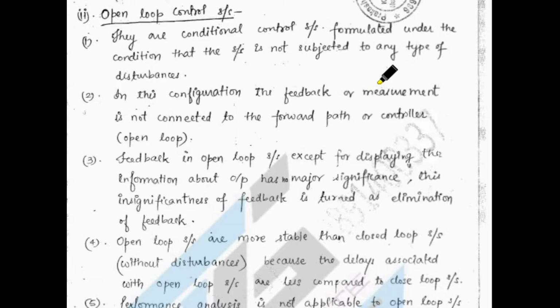Means if you are feeding any signal, testing your open loop system and verifying its accuracy, then at that time definitely you have to consider a distortion free input signal. Okay, so this is the important point which I have mentioned as the third point.